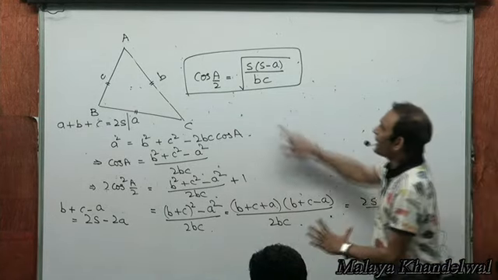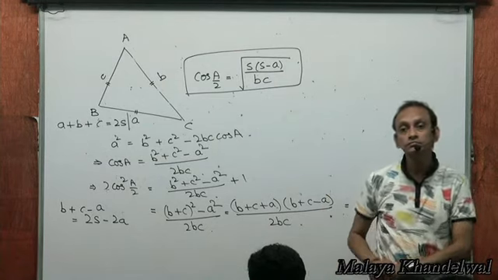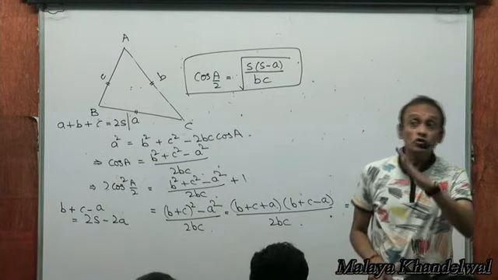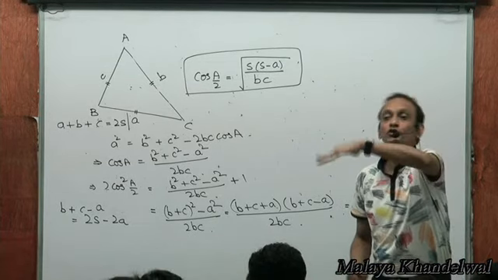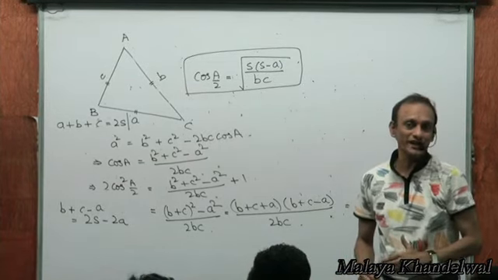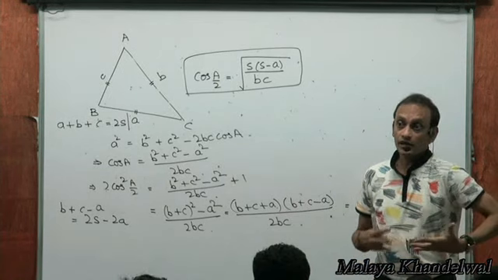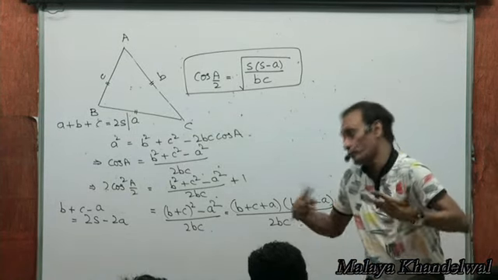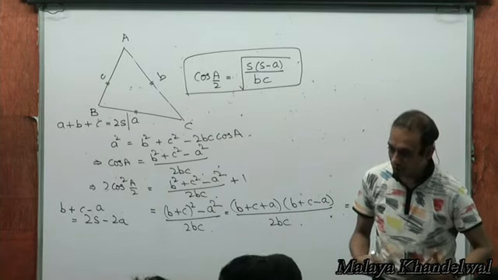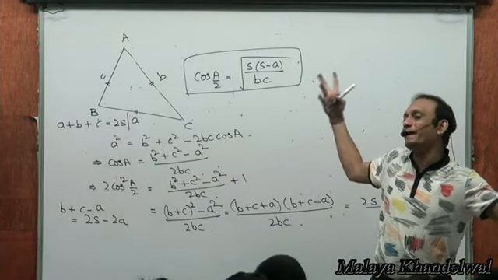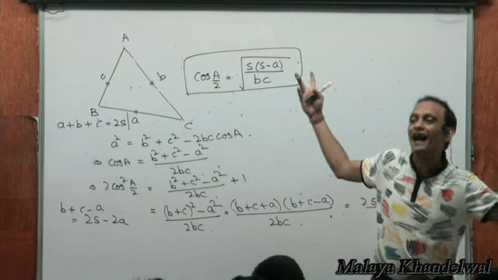See, why did I not take a minus sign here? Even though A could have been obtuse, A by 2 will still be acute in a triangle. A certain angle of a triangle could have been obtuse, but half that angle will always be acute. So cos A by 2 can never be negative if A is an angle of a triangle.